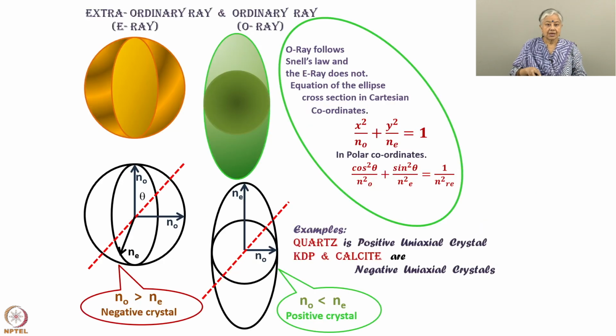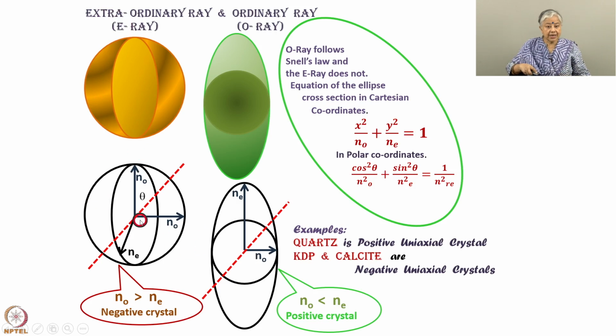Now, here I have just separated out the extraordinary ray and the ordinary ray. The extraordinary ray looks like this. This is the ellipsoid. The ellipsoid is sitting inside the circle. That is also possible. So, if I take a cross section of it, I just cut that ellipsoid and this is what I will get.